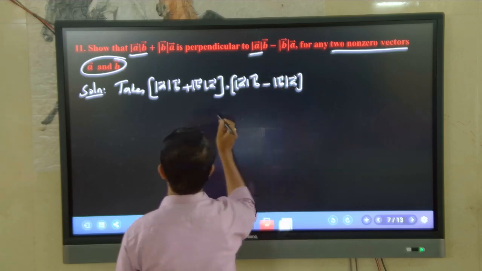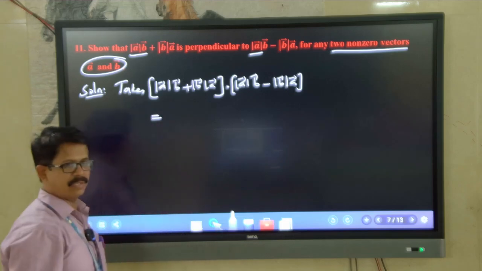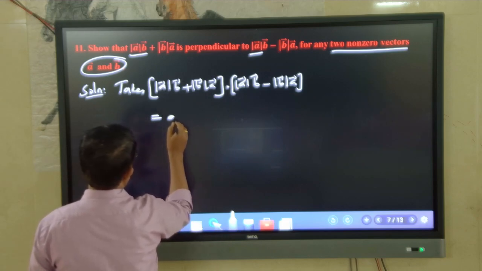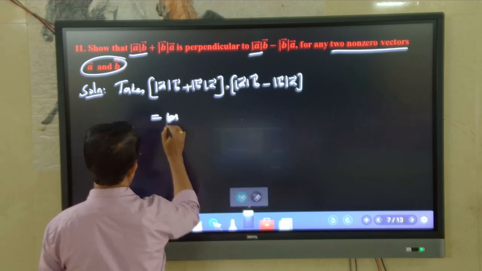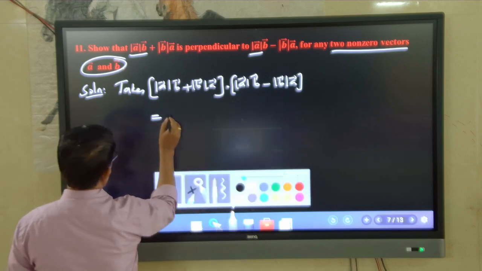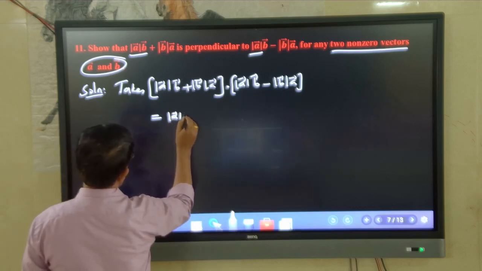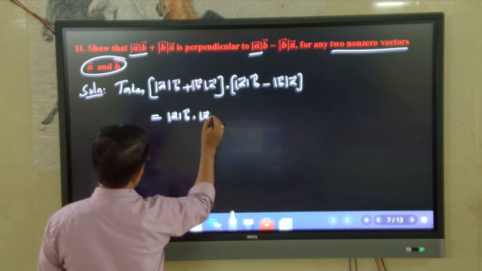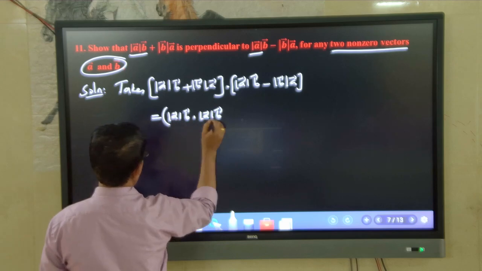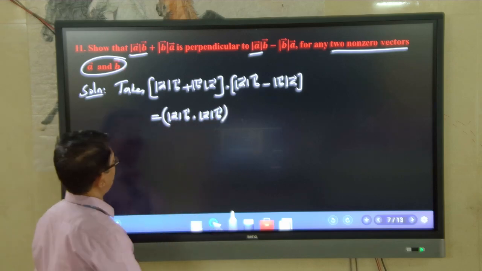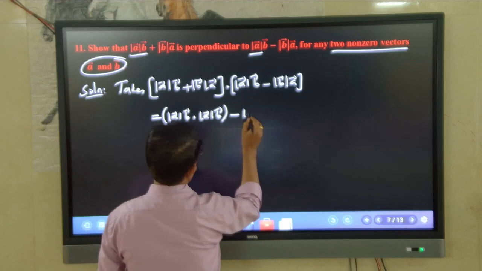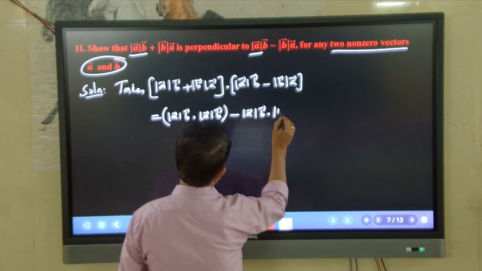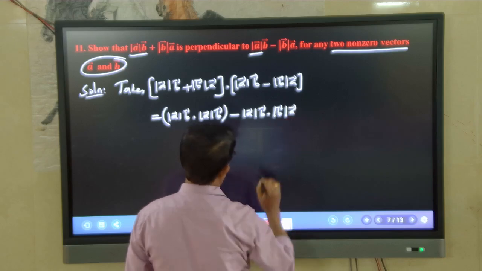Okay? Equal to, as usual, what are we going to do here? |a|b dot |a|b, the first product, minus |a|b dot |b|a.